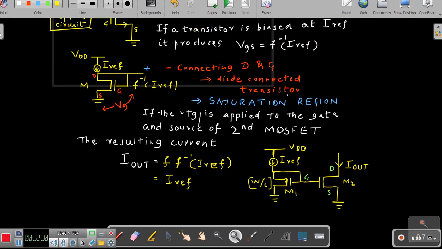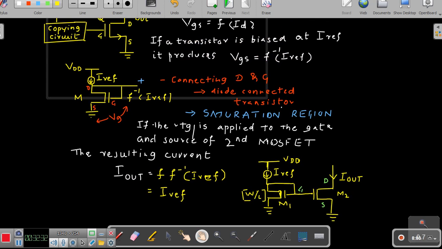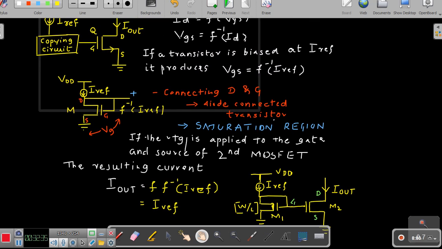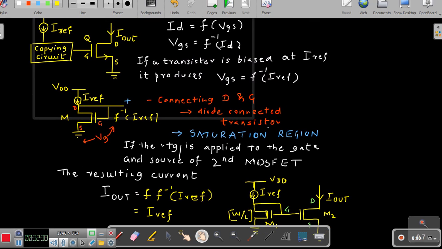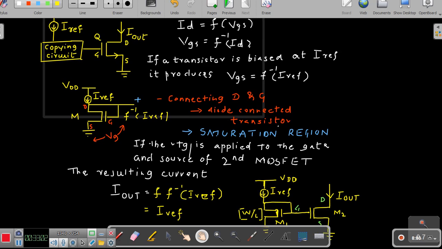So now if I want to show you all the things in a single window, you can see here we have ID, which is a function of VGS in one transistor, and of course that leads to show you that VGS is an inverse function of ID. Now if a transistor is biased at I reference, then it produces VGS, which is an inverse function of I reference. So now this VGS you are applying to one more transistor here, right?